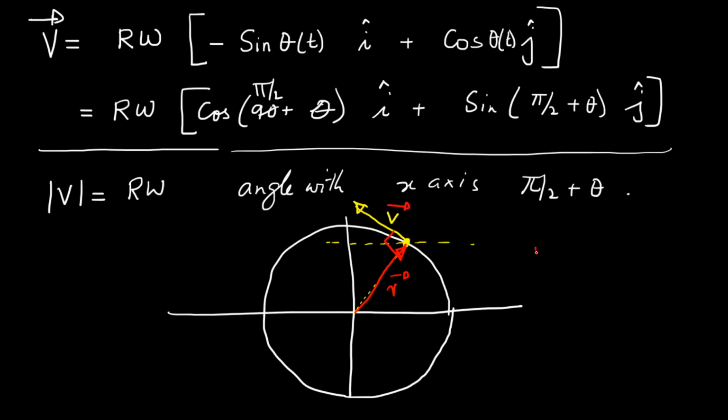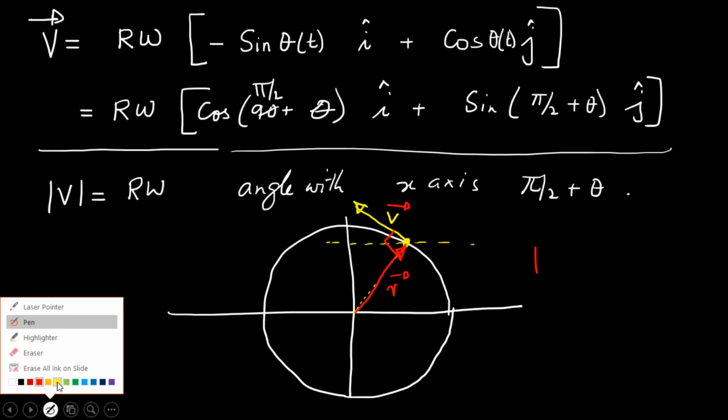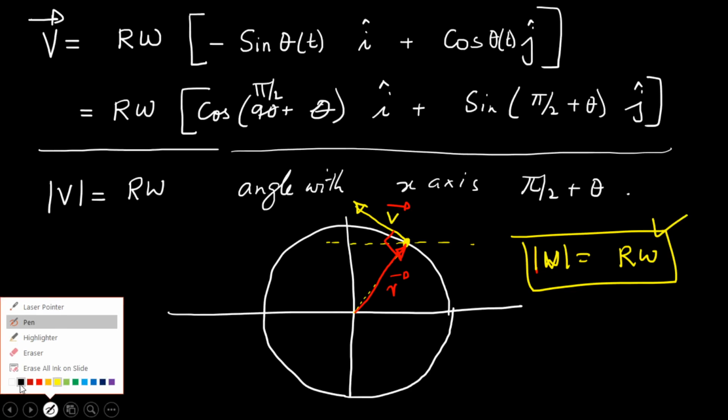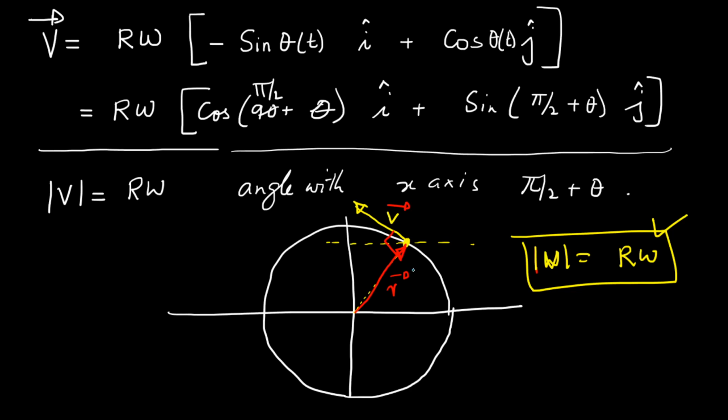And the other thing is, we know that mod v is r omega. Okay, so this is your magnitude and this is your direction. Now I think we all remember where we are going. We know the acceleration at that instant is in the radial direction and towards the center of the circle. So this summarizes all the important results.